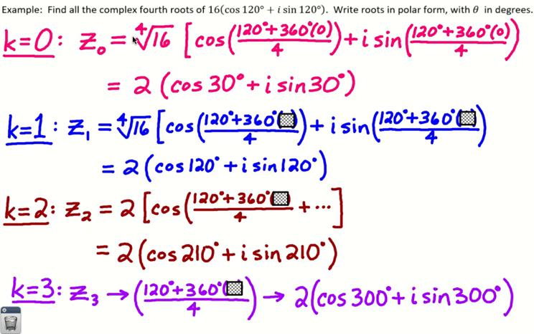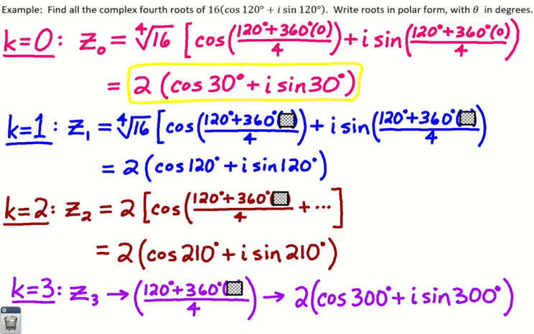So if you were to raise 16 to the 1/4 power, that would be the same as doing the fourth root, and that would be 2. Then everything in this giant parentheses, 120 plus 360 times 0 over 4, is 30. And so my first final root is this, my k equals 0 root.